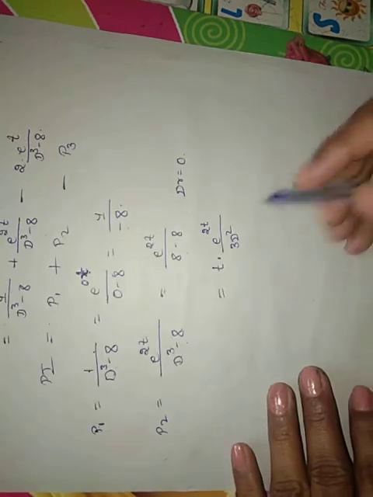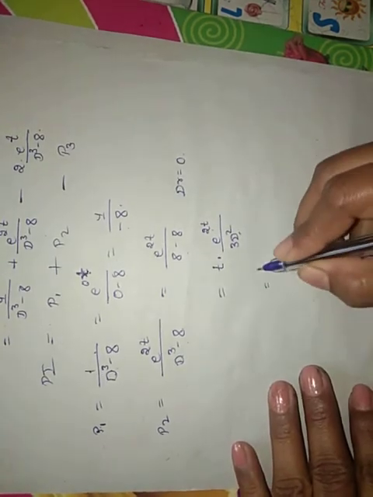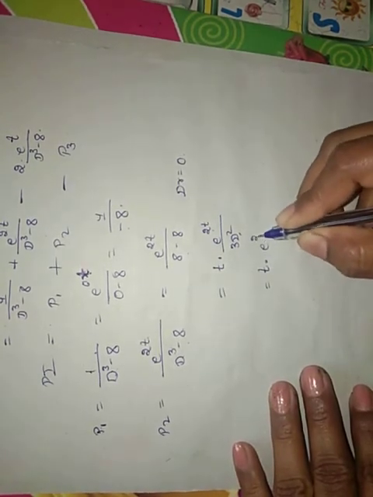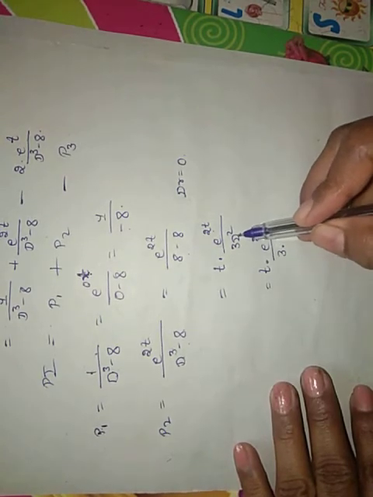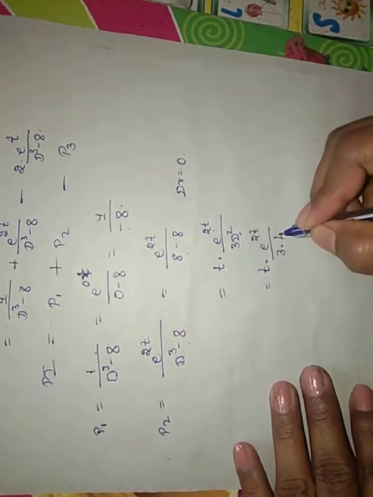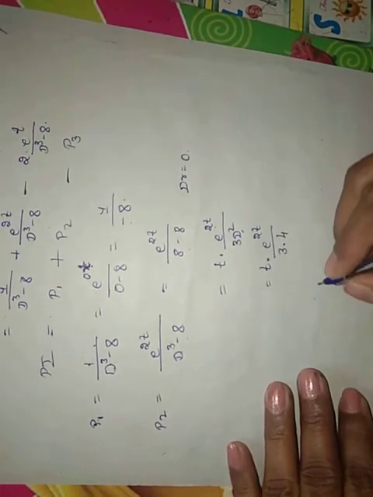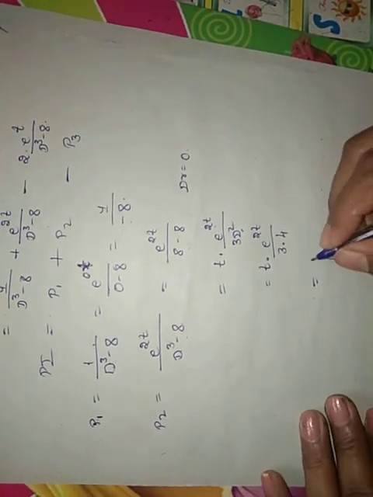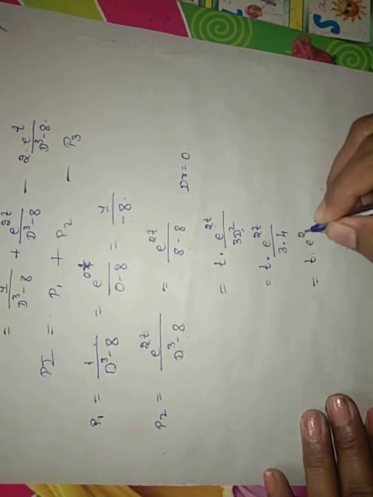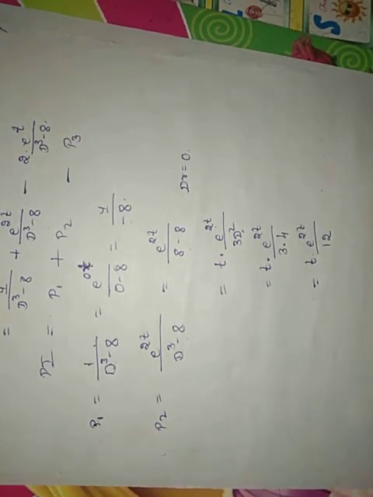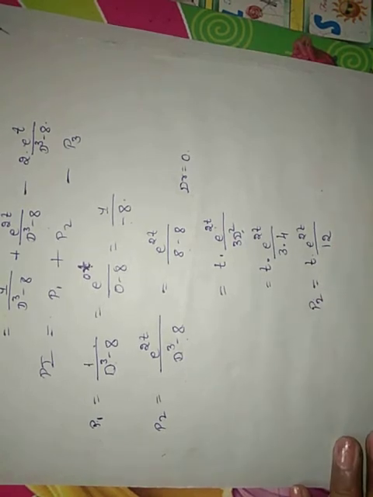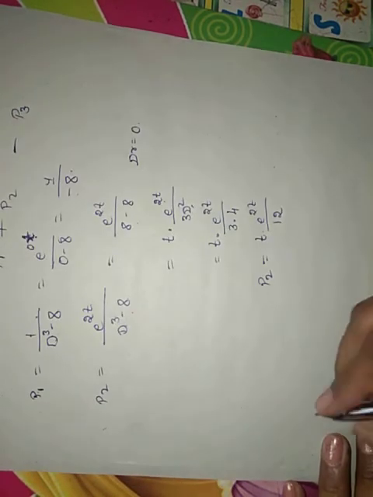Now replace D by 2: t into e raised to 2t divided by 3 into 2 square, and 2 square is 4, so that is equal to t into e raised to 2t divided by 12. That is our P2.